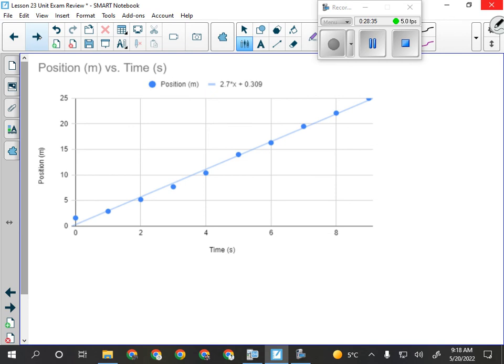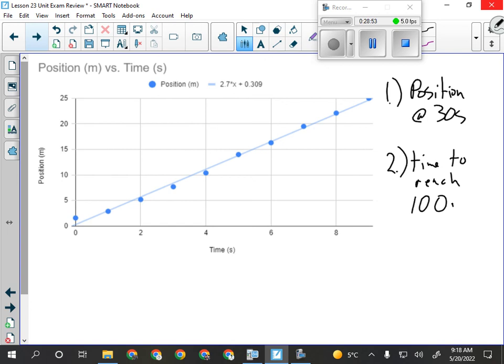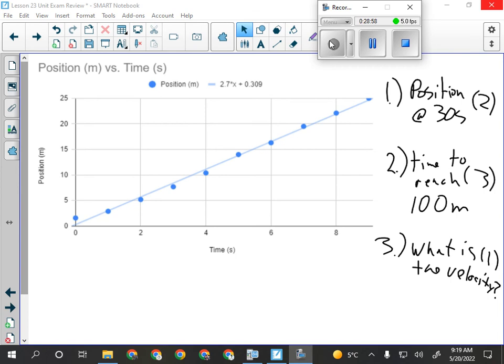I would like you to calculate the position at 30 seconds, the time to reach 100 meters, and the velocity.